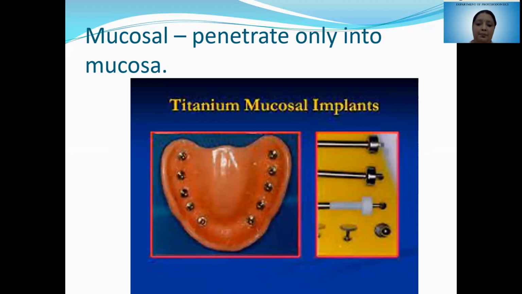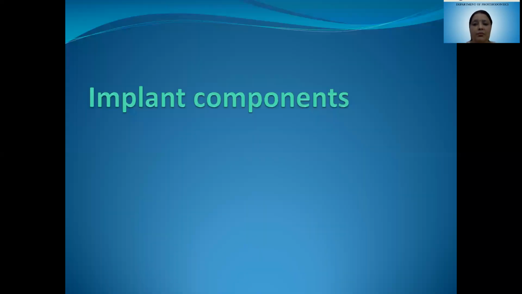The mucosal implants are transitional or temporary implants which penetrate only into the mucosa and can provide anchorage or retention to a prosthesis for a short period of time. Now, before we proceed further, let us take a look at the different implant components.